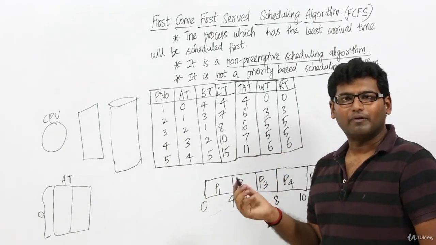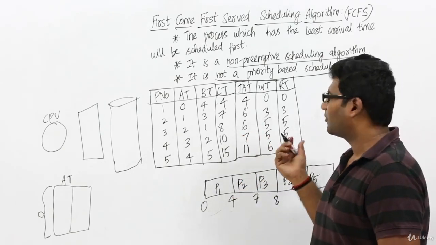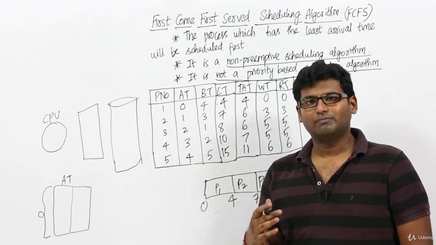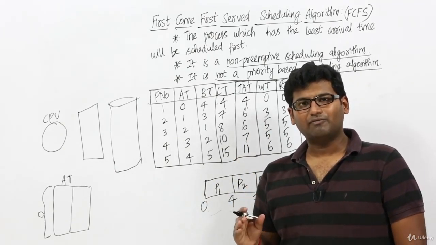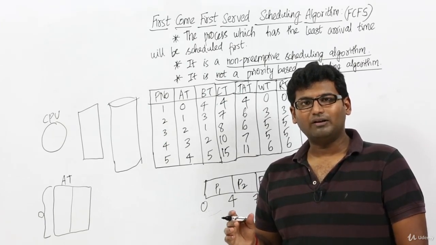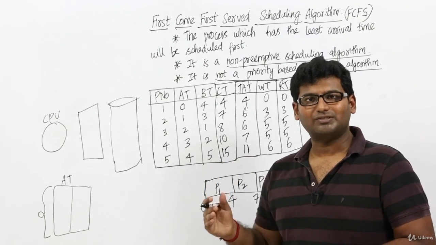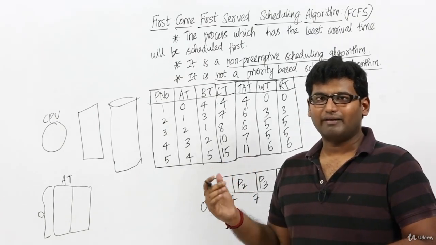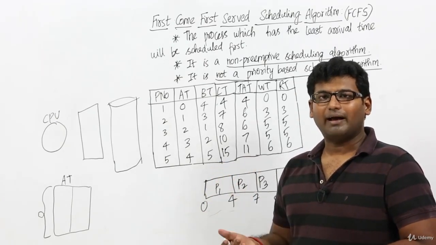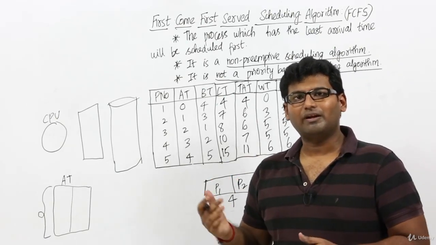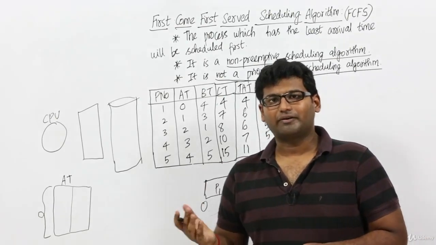Why is response time equal to waiting time in non-preemptive scheduling? Because a process will wait for the CPU only for the first time, before getting the CPU, while it waits in the RAM. Once it gets the CPU, it will complete its execution, so there is no chance of waiting for that process after that.